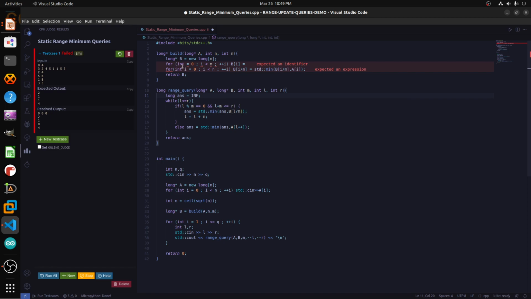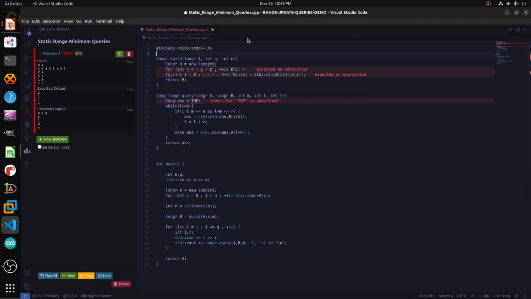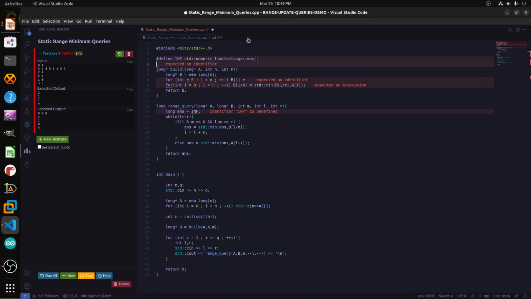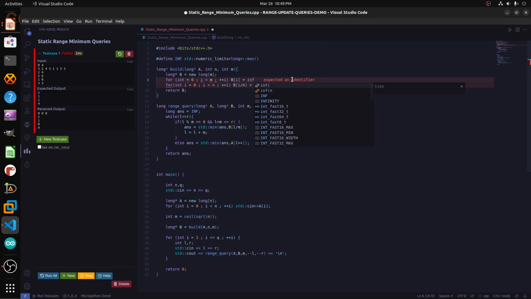Let's make a constant, let's call it INF, infinity, and define infinity as this. Use it for the blocks here.